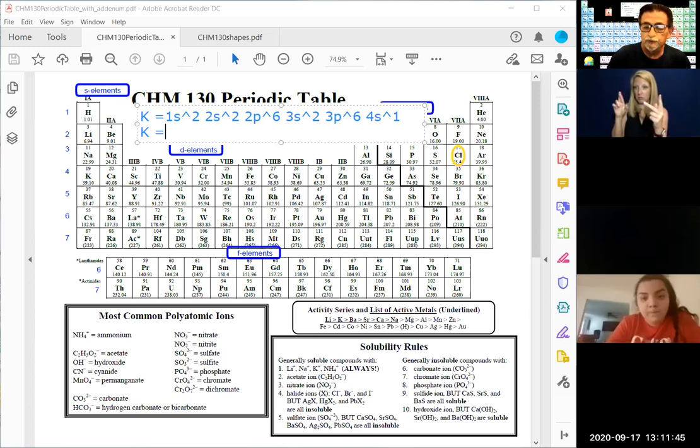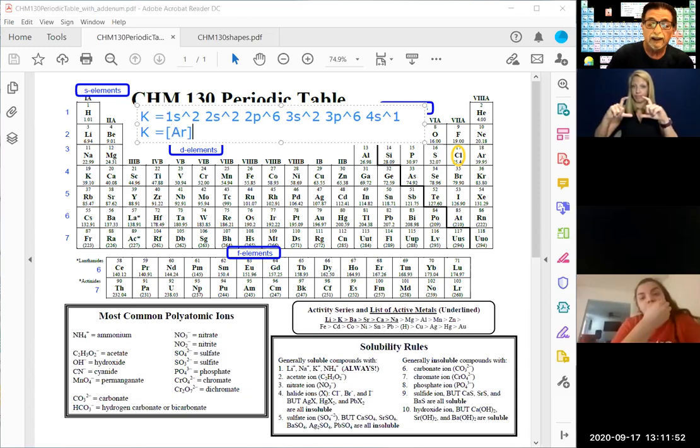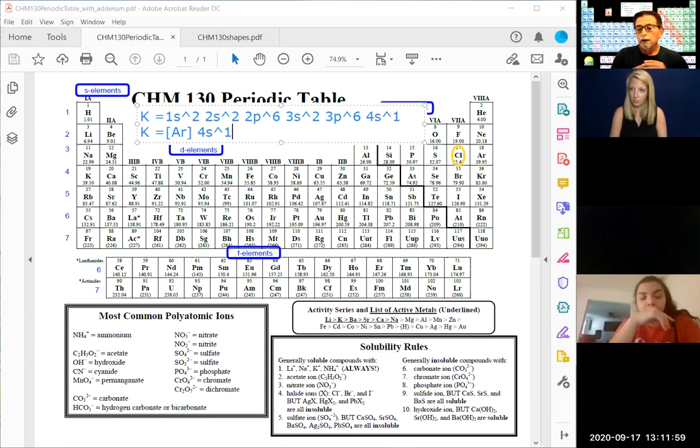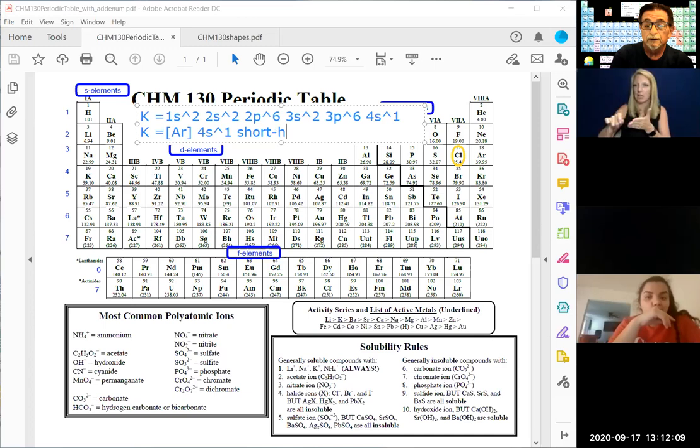So I can very quickly use the bracket key and put its symbol in brackets and write 4s1. So that would be the electron configuration for potassium using the shorthand method, and I would accept that completely, unless the question says no shorthand.